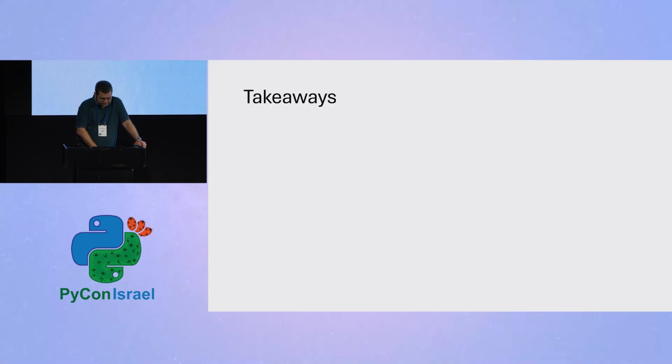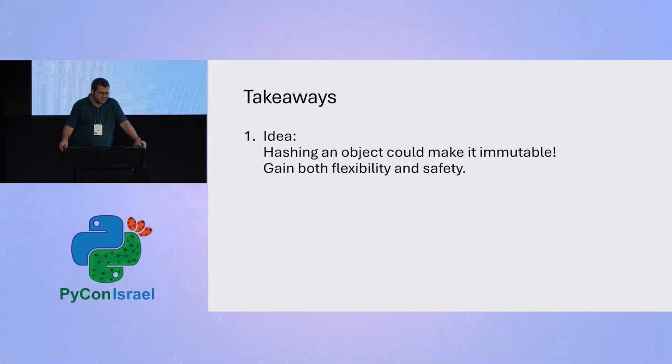And to sum up, three points to take away. First is a simple but, well, kind of fundamental idea. Hashing an object could make it immutable. You don't have to accept the dichotomy between hashable objects and mutable objects. You can have middle ground. You can have the cake and eat it too.